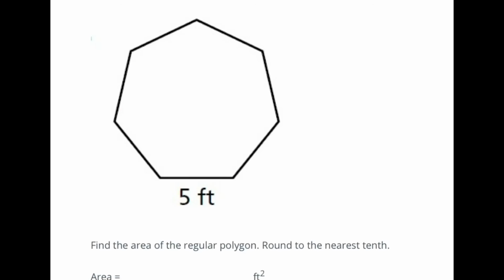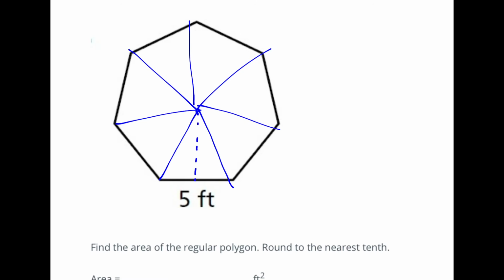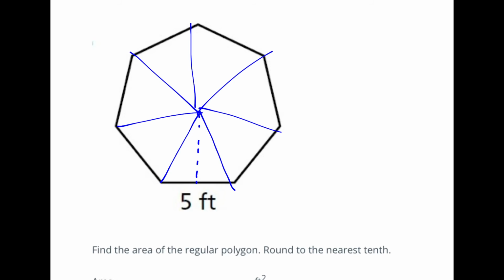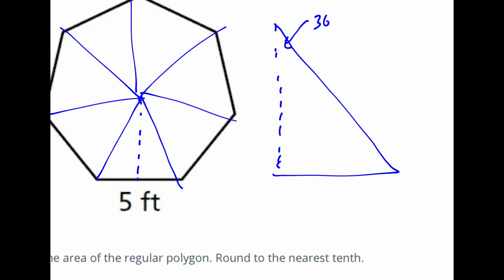Find the area of the regular polygon, round to the nearest tenth. There are 1, 2, 3, 4, 5, 6, 7 central angles here. Again with that odd decimal. If I'm going to cut these triangles in 2, it's really like there's 14 exact angles. So that angle there, if I blow this up a little bit over here, is going to be 360 divided by 14.